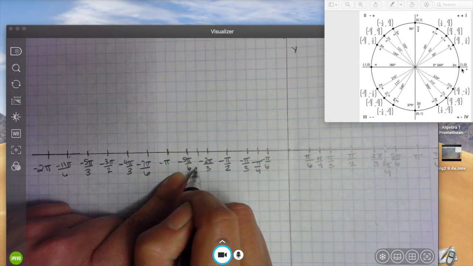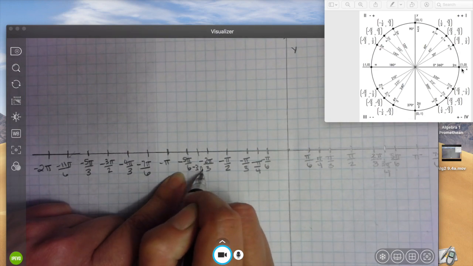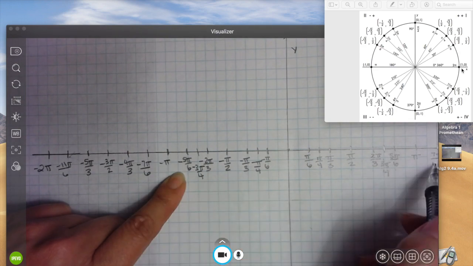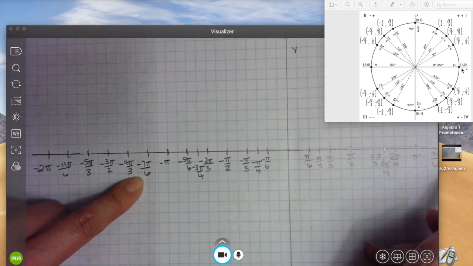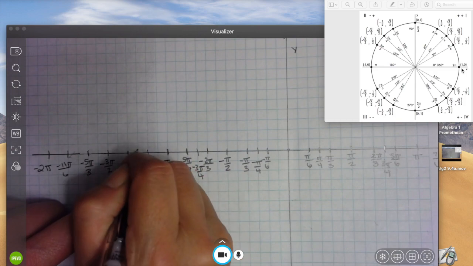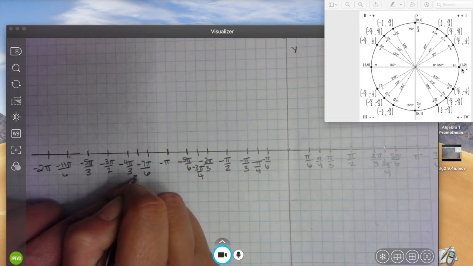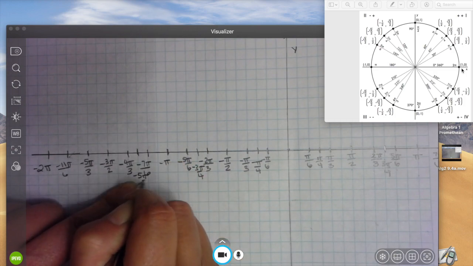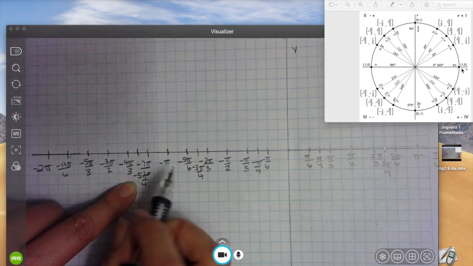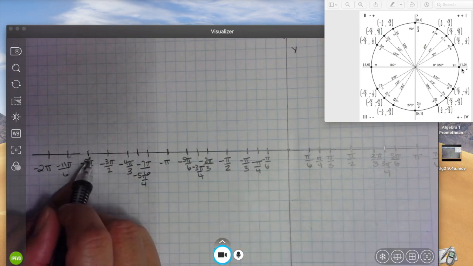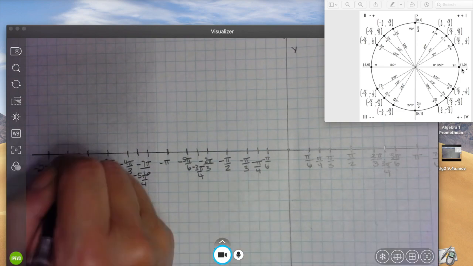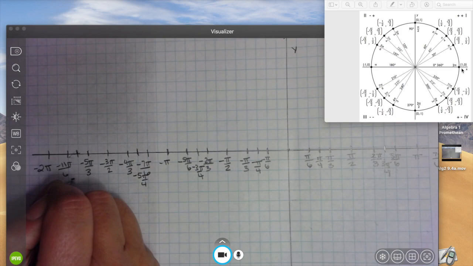In between negative 7 pi over 6 and negative 4 pi over 3, I'm going to put negative 5 pi over 4. Sorry for my messiness here. And then in between negative 5 pi over 3 and negative 11 pi over 6, we're going to put negative 7 pi over 4. Okay, so that's the x-axis.